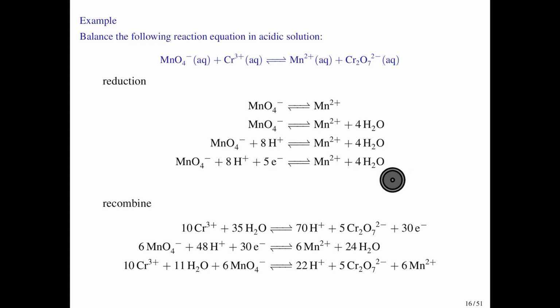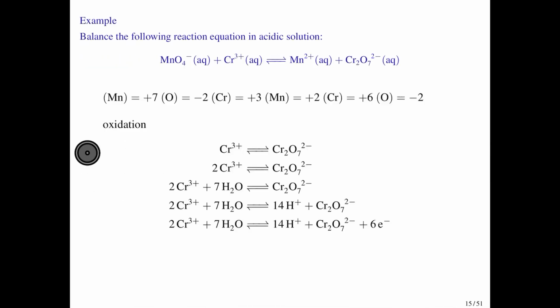The last step is to combine this reduction reaction, which involves 5 electrons, with this oxidation reaction that involves 6 electrons, in such a way that the electrons cancel out. The way you do that is by multiplying this equation by 5, so that you'll have a total of 30 electrons on the product side.